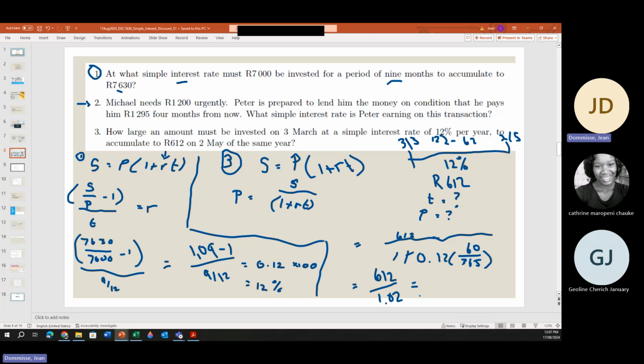Okay, so I get that it is roughly 600 Rand and 16 cents. In your assignment or in your exam, they will say approximately, so that it is 600. They will not give you options like 600, 616, 620, and those kinds of things.